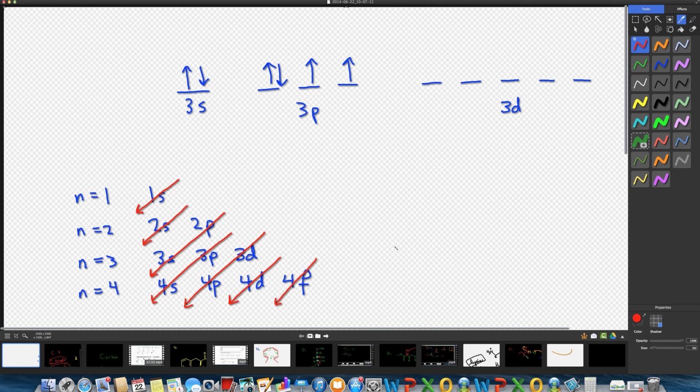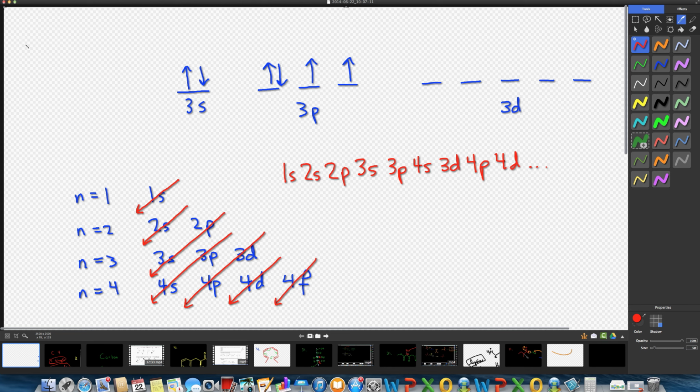You can also use your periodic table and just count the electron configurations. So based on Aufbau, we would have 1s, 2s, 2p, 3s, 3p, 4s, 3d, 4p, 4d, etc.